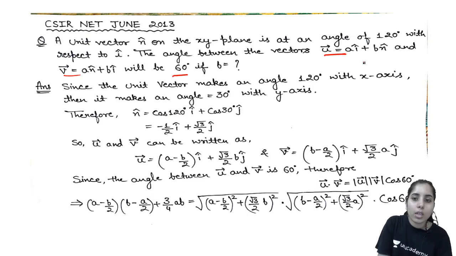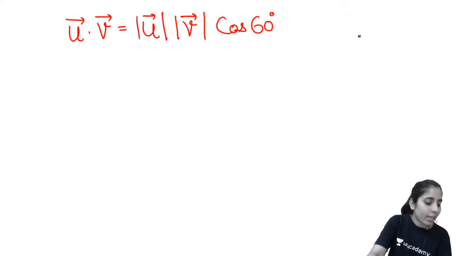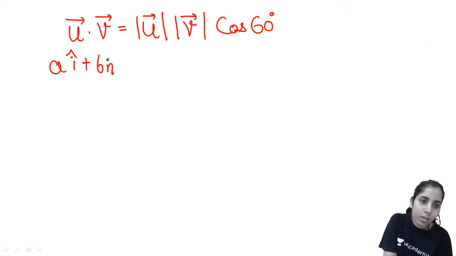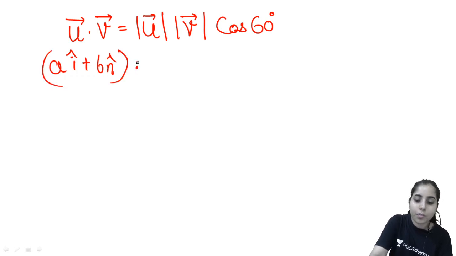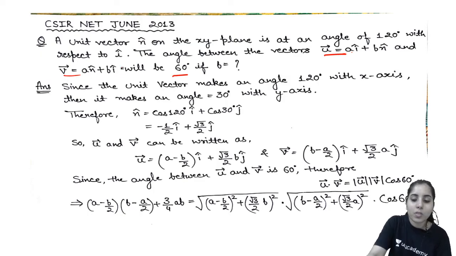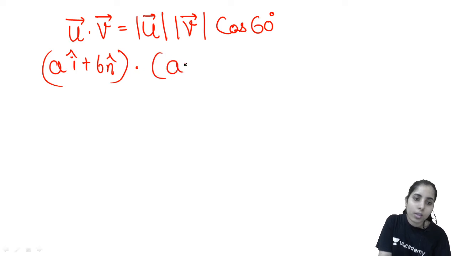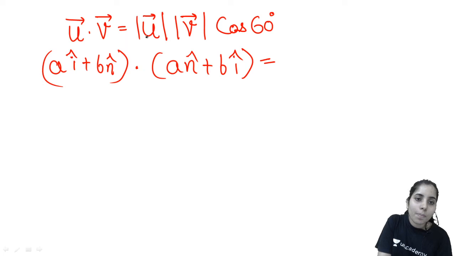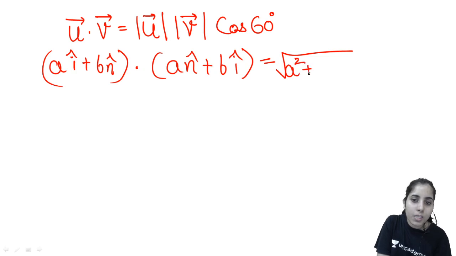u dot v: a i cap plus b n cap, dot v vector, which is a n plus b i, is equal to magnitude of u times magnitude of v. If we find the magnitude of u, it will be square root of a square plus b square plus 2ab cos 120 degrees.